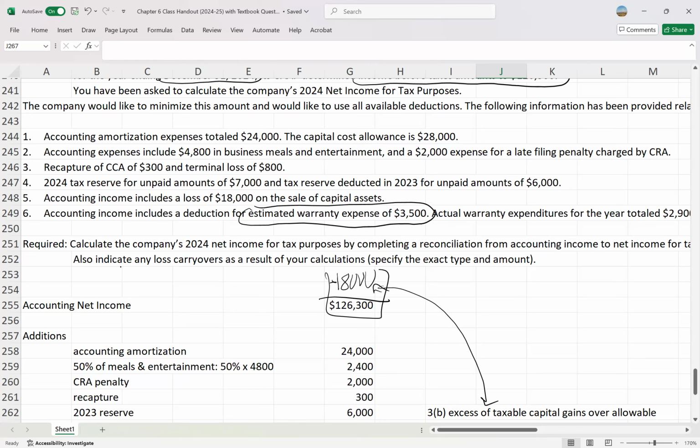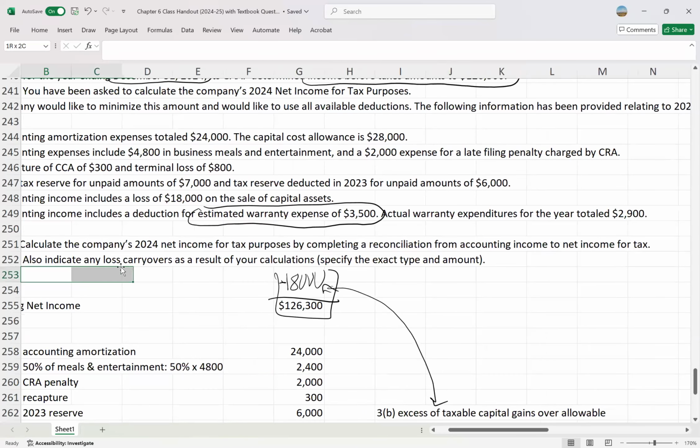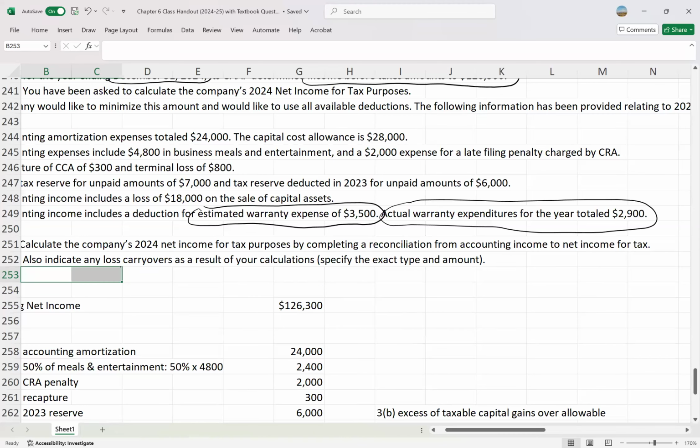And so the warranty expense on the accounting income statement is just an estimate. Now, during the year, the actual warranty expenditures that the company paid out was $2,900. On the income statement, they deducted $3,500, but the actual warranty expenditures was $2,900.